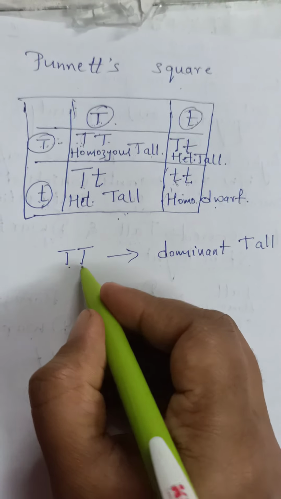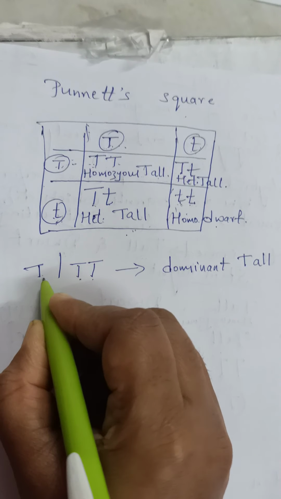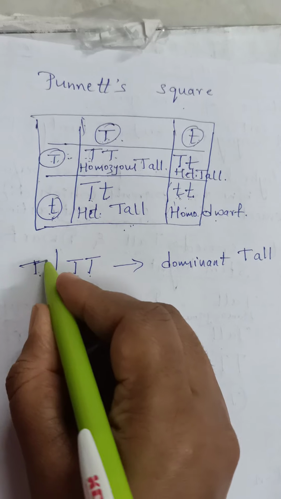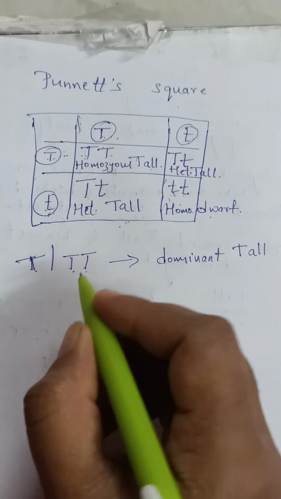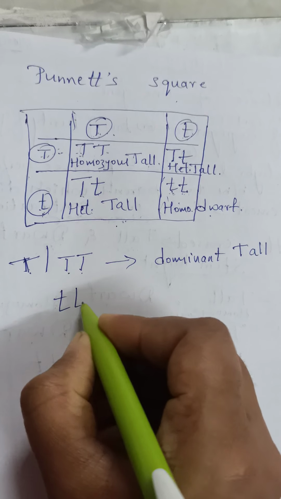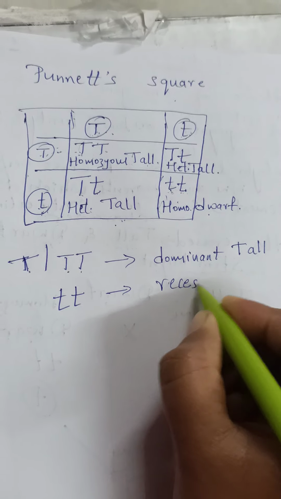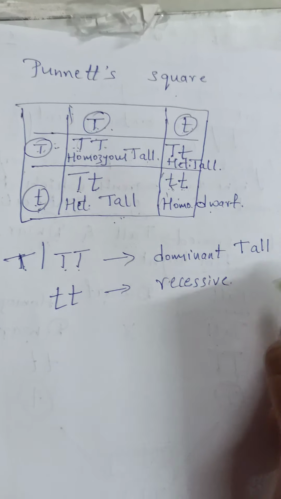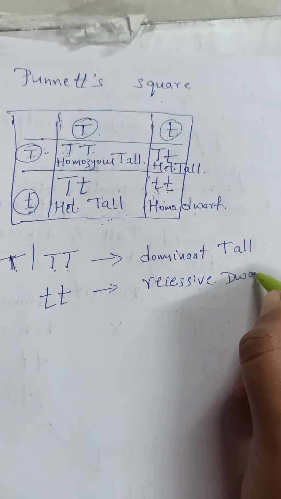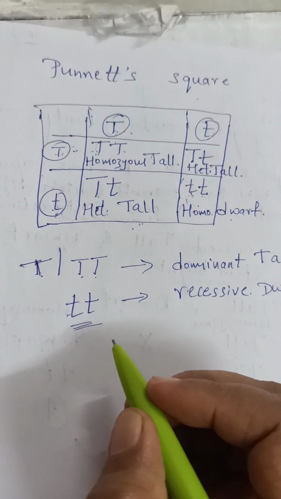Whether two T's are present or only a single T, as it is dominant, a single capital T is enough to represent the character. But if you are representing the recessive character, here dwarfness, two small t's are compulsory.